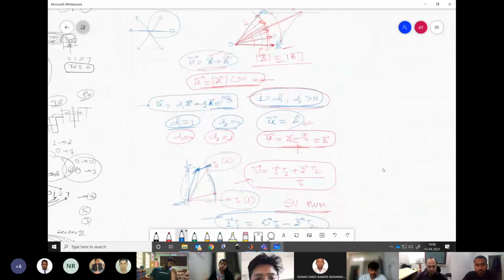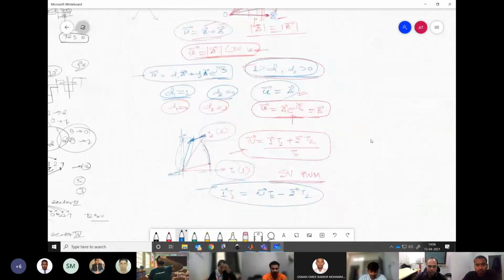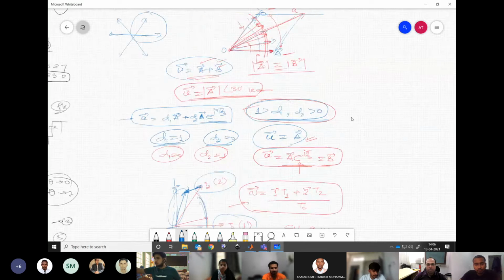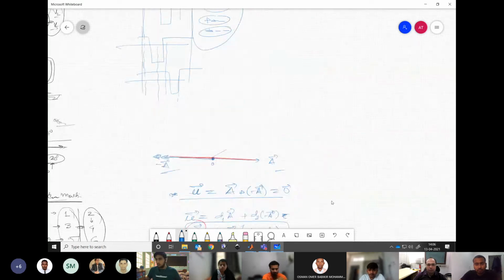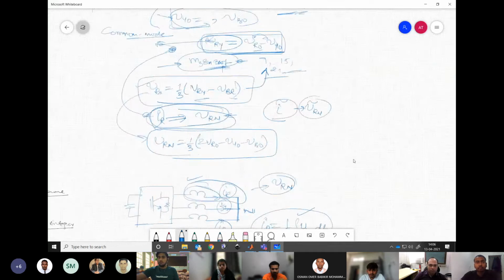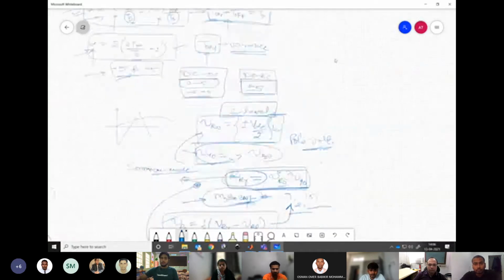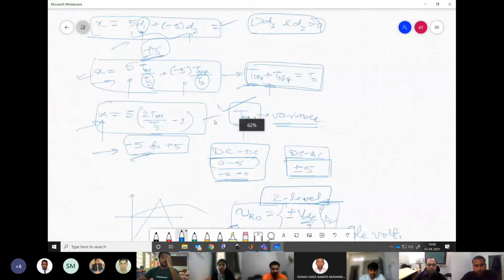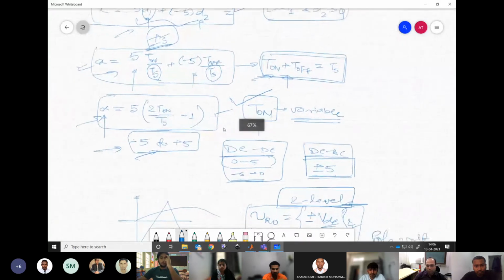Okay, so we are just trying to understand the PWM from a different perspective. We saw that for a scalar quantity, we need only one variable, because obviously it's just a number we are trying to achieve. So one variable, let's say t on, is sufficient to realize that particular number, let's say x, or that voltage.